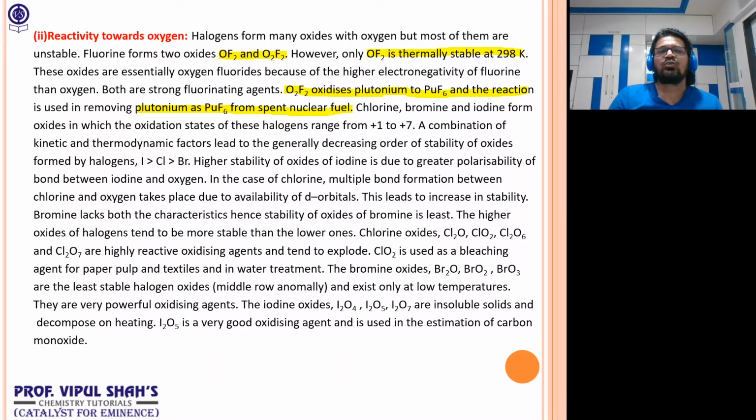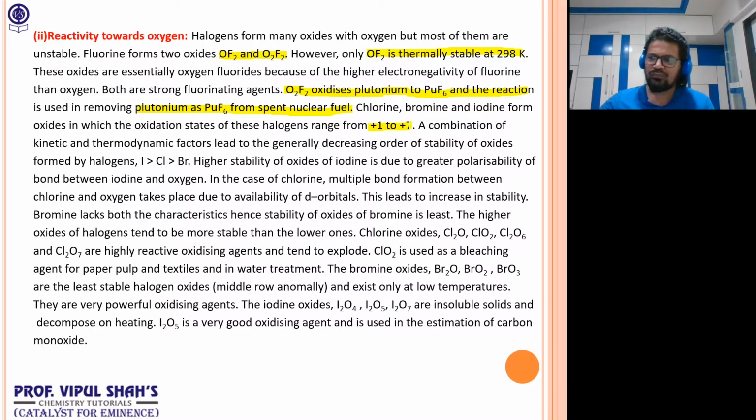Chlorine and bromine form oxides with oxidation states from +1 to +7, which I told you. -1 is only for F. But Cl, Br, I, apart from -1, will show positive states of +1, +3, +5 and +7. And also in some oxides, Cl and Br will show +4 and +6.